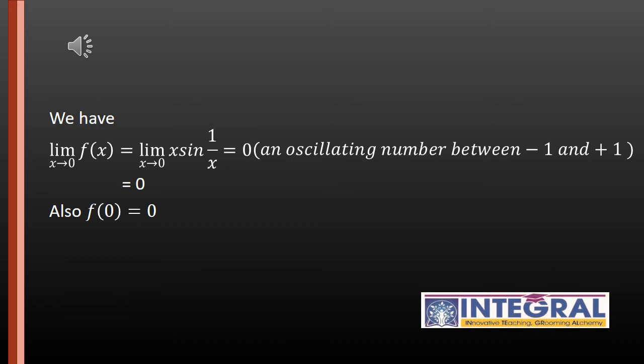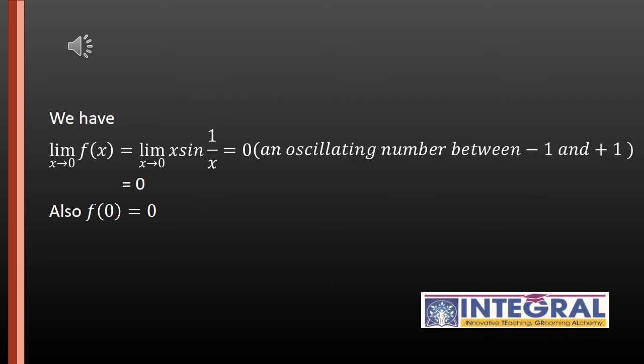As x approaches 0, 1 by x will be a large number. When that angle becomes very large, sine theta will be lying between minus 1 and plus 1. So it oscillates between minus 1 and plus 1.